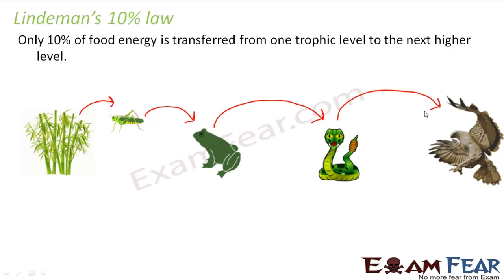Similarly, snakes will also consume multiple frogs. Right? So since it continues in that fashion, because the amount of energy that is available to the higher levels is comparatively lesser, the number of organisms or the population of the higher levels is also lesser when compared to the lower levels. So we have more organisms at the lower levels as compared to the higher levels.